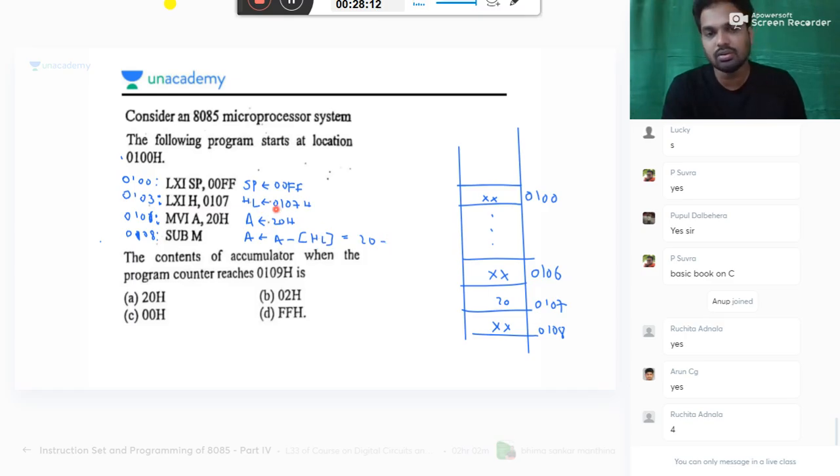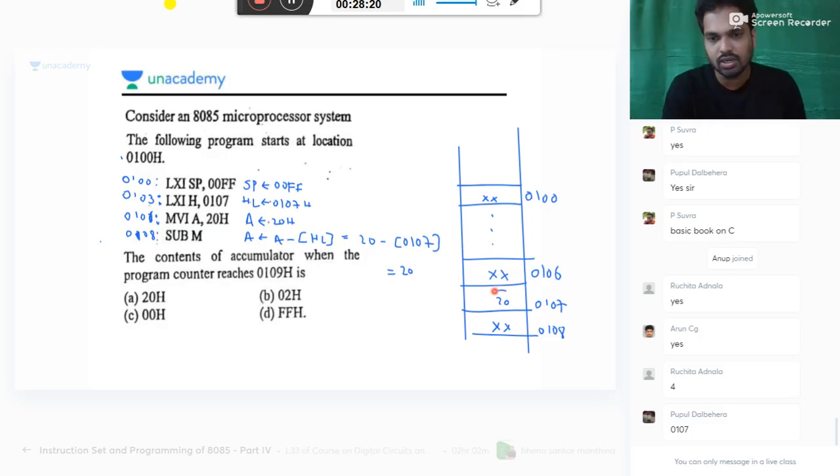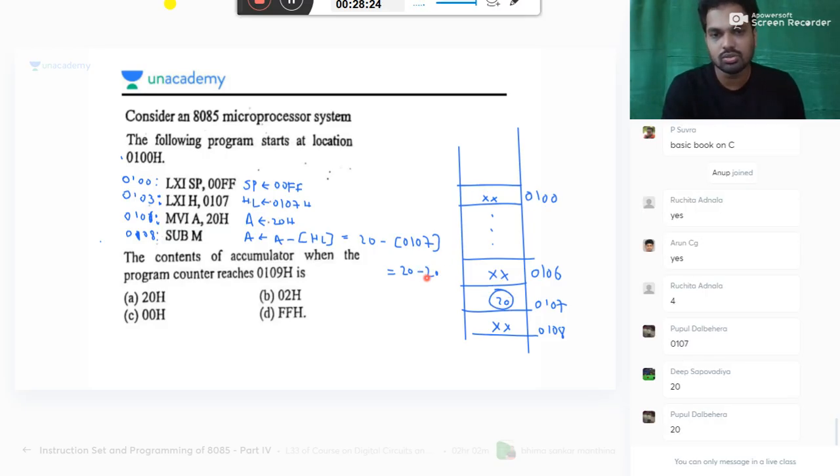What is HL register pair? 0107. So 20 minus contents of 0107. What is the content of 0107 as per the given examiner? It is also 20. So the result is 00 hexadecimal.